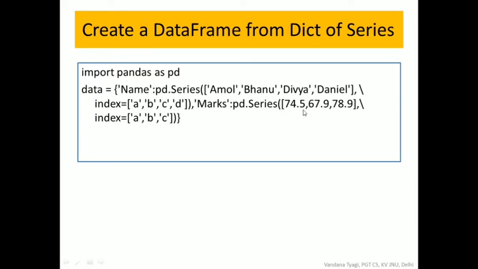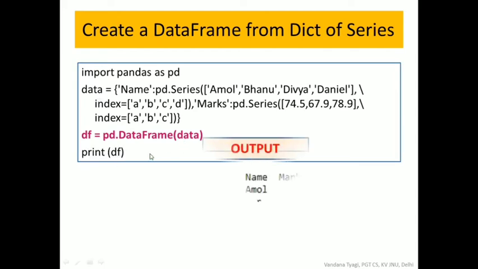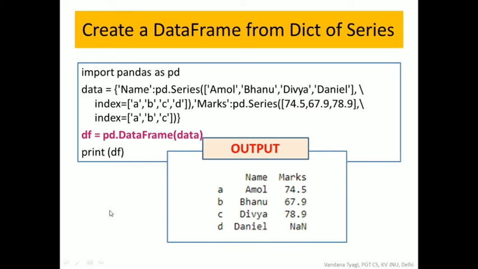There are 3 values, 74.5, 67.9 and 78.9, and 3 indexes, which we studied in the previous slide, so the indexes are A, B, C. Now once we change this data into a data frame, same syntax, df is equal to pd.DataFrame, and this data is passed as input. And when you print this data frame, let's see what comes up here.